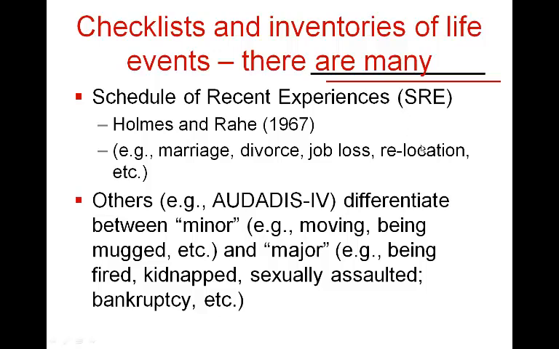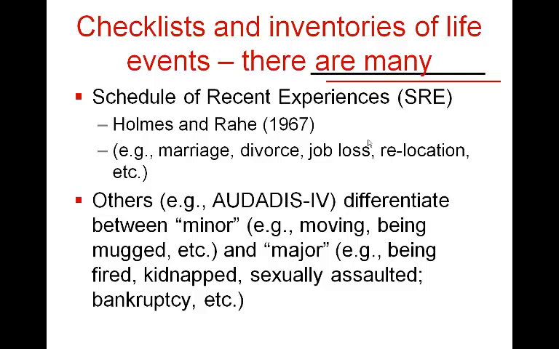One of the earliest and most frequently used is the Schedule of Recent Events, which was created in 1967 and just provides a list of many different kinds of potential events that are endorsed as having happened or not in the past 12 months, and includes things from marriage, divorce, job loss, and relocation, all the way down to things that are more or less severe. And the severity distinction is captured through a point allocation that corresponds to each of the events listed.